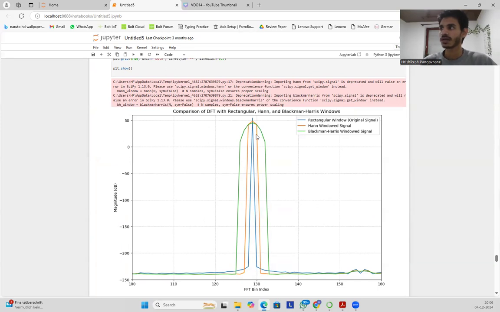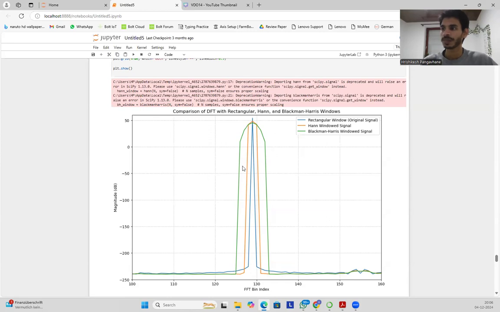That's the Hann windowed signal. And when we talk about the Blackman-Harris windowed signal, it is taking more than three bins. Usually it takes about 7 to 9 bins, but it's not specific. It's just a layman number, but it takes more bins.